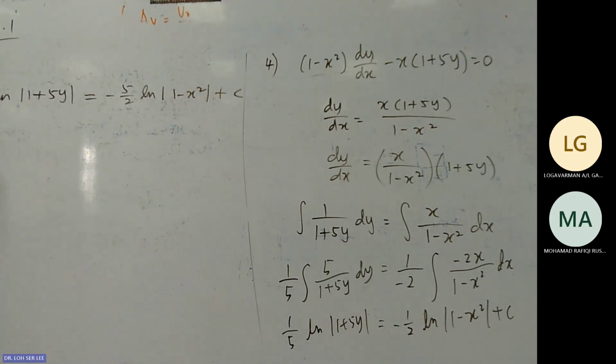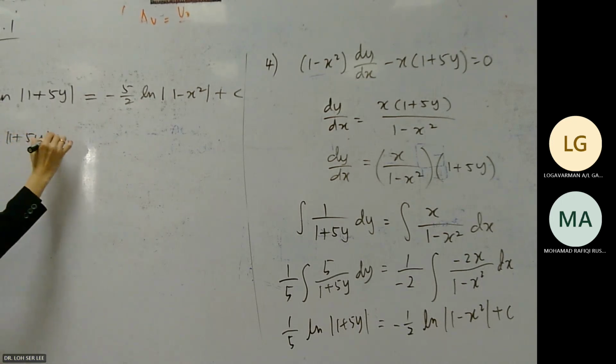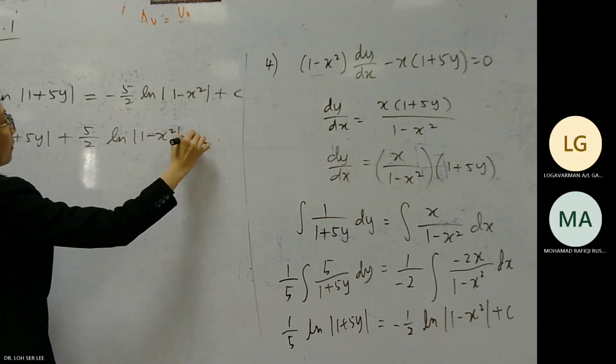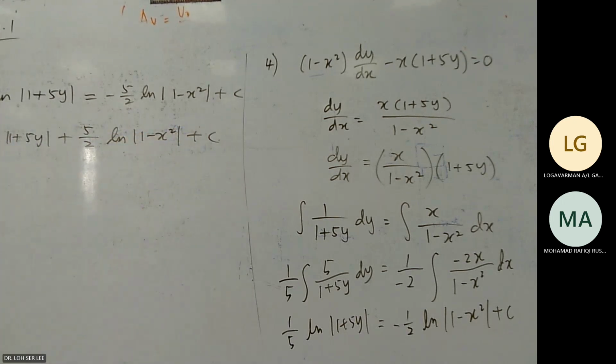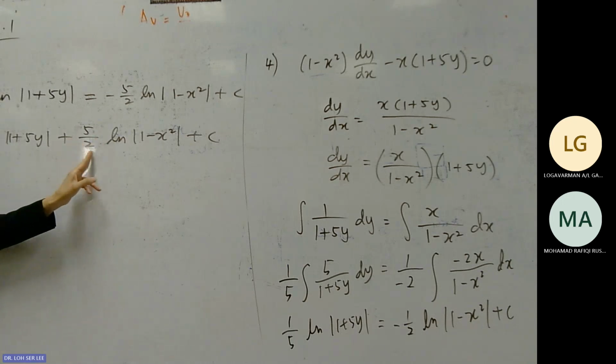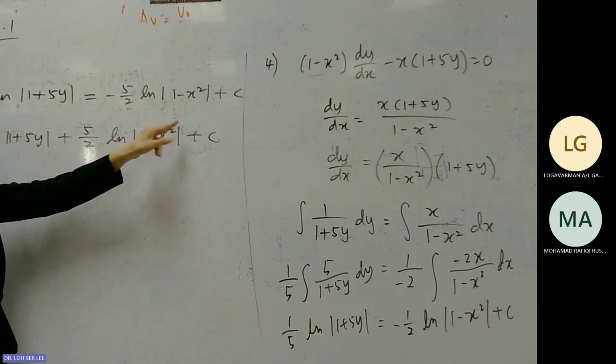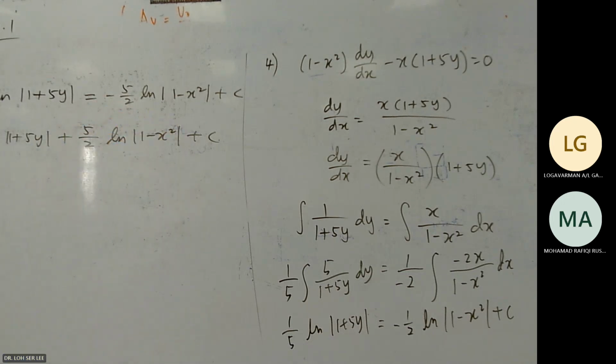Because this is ln and this is also ln, we can combine. For an ln function, the coefficient in front of the ln function, you can bring it inside and it will be the power.